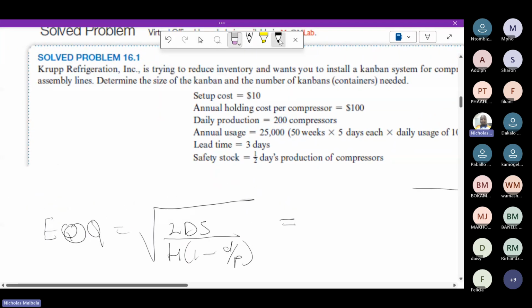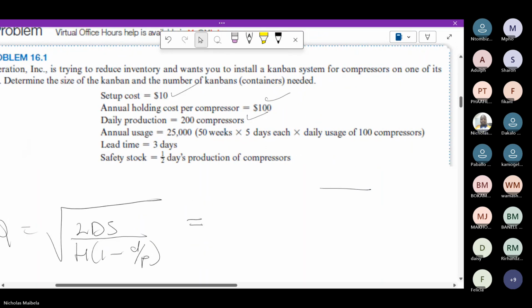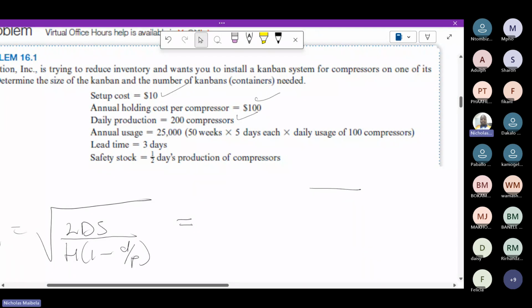We are given S, setup cost, annual holding cost, daily production, 1,000. What is this production daily? Daily.